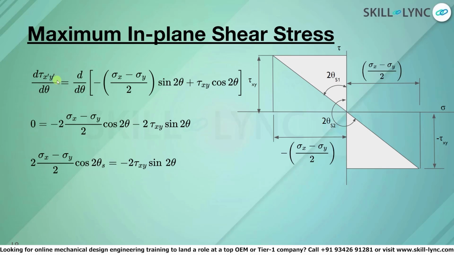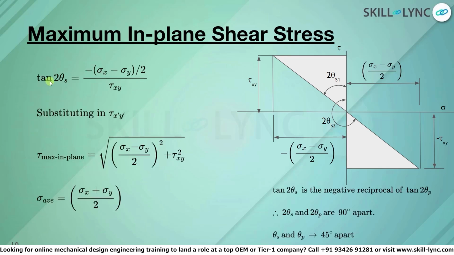By doing the same calculations, just changing our parent equation to the shear stress equation, which is tau x dash y dash, we'll arrive at tau maximum in-plane, which will be root over ((sigma x minus sigma y) by 2) the whole square plus tau xy the whole square.